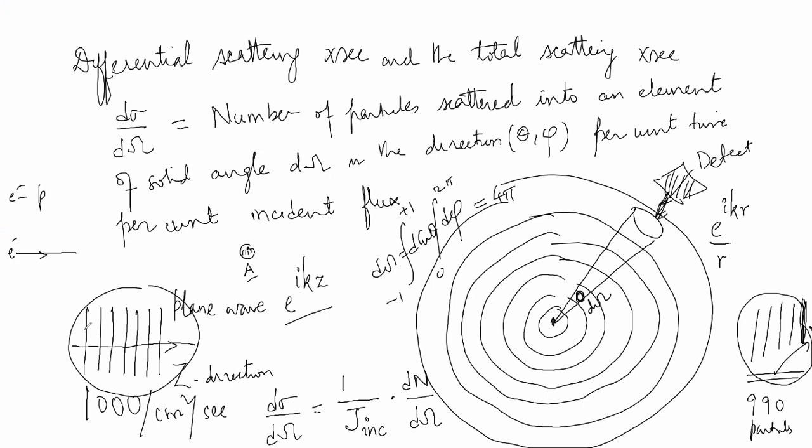Now what I'm telling you is that this is d sigma by d omega. This is 1 by the incident. Yesterday we have seen that if I increase this to 2000 or 5000 or 10,000, the chances of scattering will increase, because we are increasing the number of incident particles per unit area per unit time.